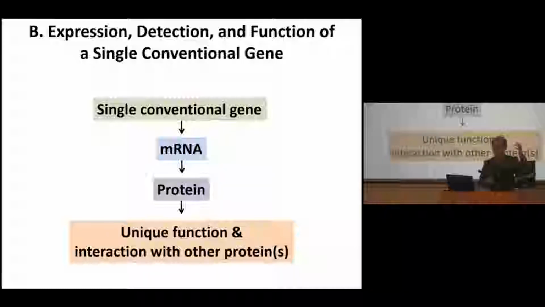So there's a gene, there's messenger RNA, and there's a protein. Each protein has a unique function, and it interacts with other proteins. So each gene may have one unique function or maybe two.